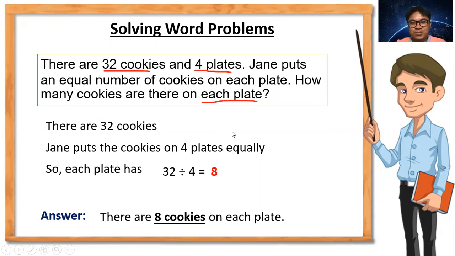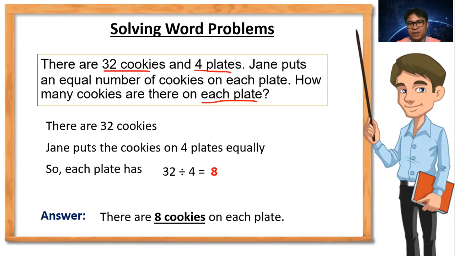So this is how to solve word problems. Okay, you need to read and analyze, understand the problem, especially what is being asked in the problem, the question, so that you will know how to do it step by step.